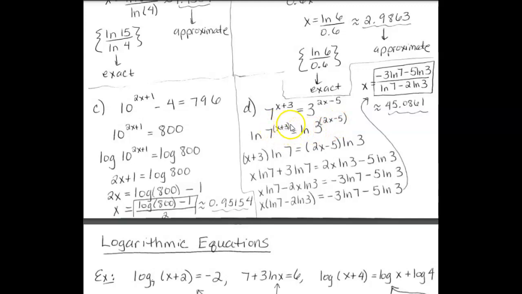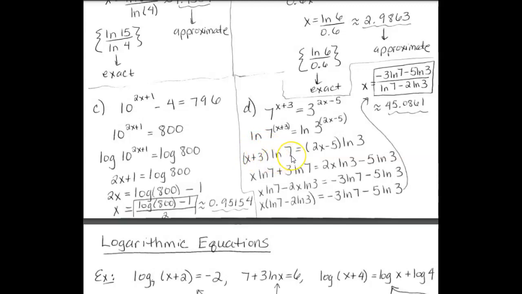All right, so now our power property applies. Again, I put this in parentheses. Same thing on the right side with the exponent, because when I bring down the power, I'm bringing down the entire expression x plus 3 in front of natural log 7. And on the right, we'll bring down the entire expression 2x minus 5 multiplied in front of natural log of 3. You need to put the parentheses around the power because our next step means we're going to have to distribute through the parentheses.